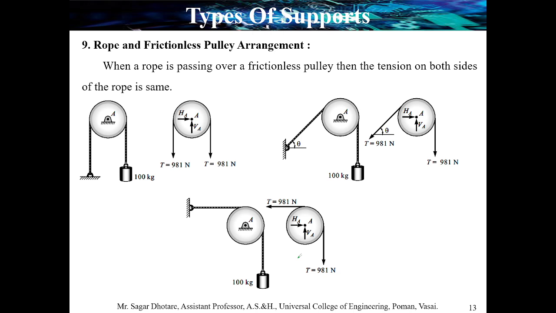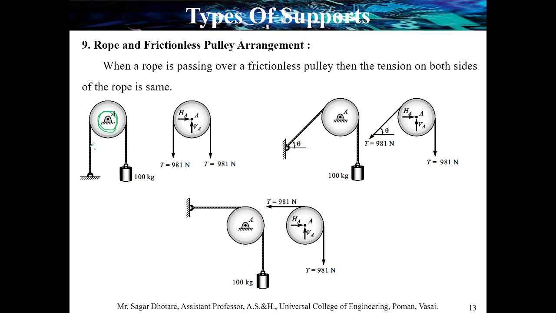Next one is a rope and frictionless pulley arrangement. This is very important to understand because there are two concepts we need to understand. First, when a frictionless pulley is there, obviously there is no reaction in the medium. But when you consider this area, this is a hinge support, because there is a restriction in linear motion and it can only rotate in angular motion.